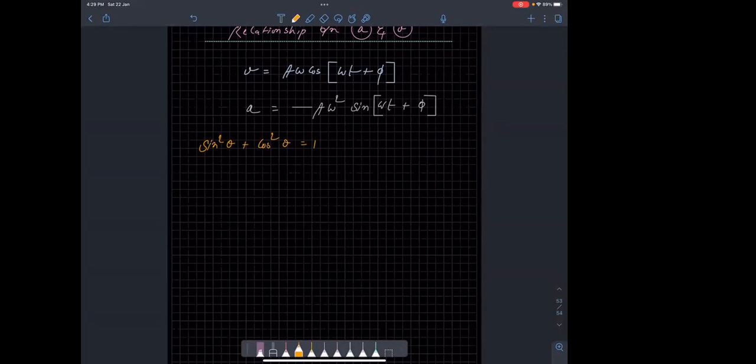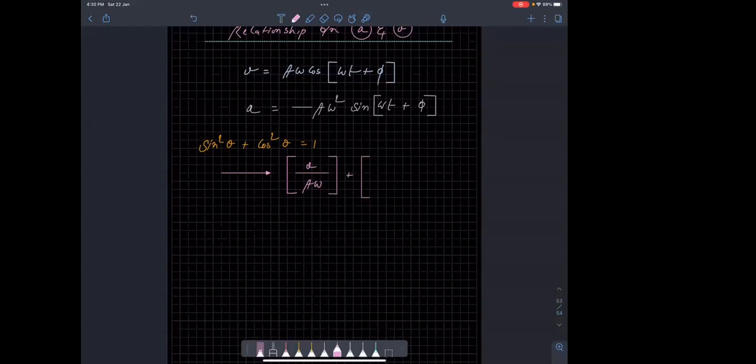What will you get? (V by A omega) whole square plus (a by capital A omega square) whole square.